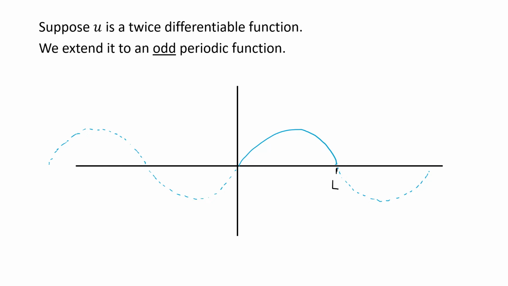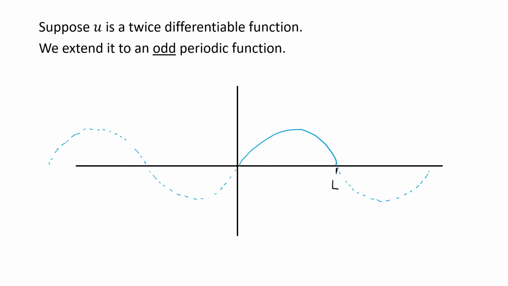Let's suppose we've got some solution of the heat equation, depicted here in this graph. First, it's only defined over the interval from 0 to L, and it satisfies the Dirichlet boundary values. So let's suppose I take an odd extension of this function, also depicted here already.